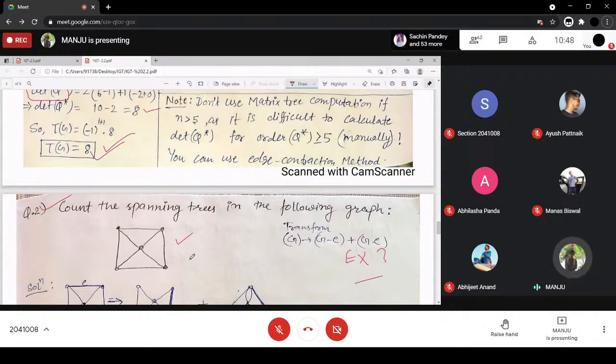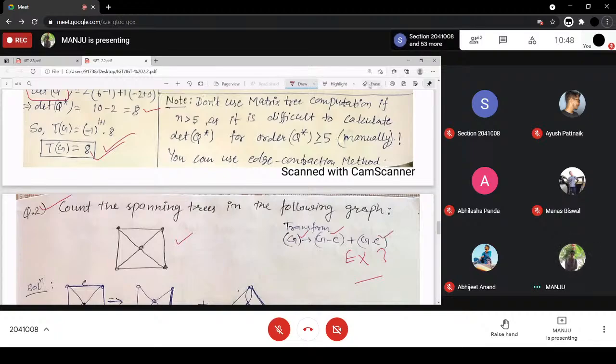Now by edge contraction, what do we do? We transform G into G minus e and G contracted e. And then we check whether we are able to find the number of spanning trees for G minus e and this graph G contracted e.